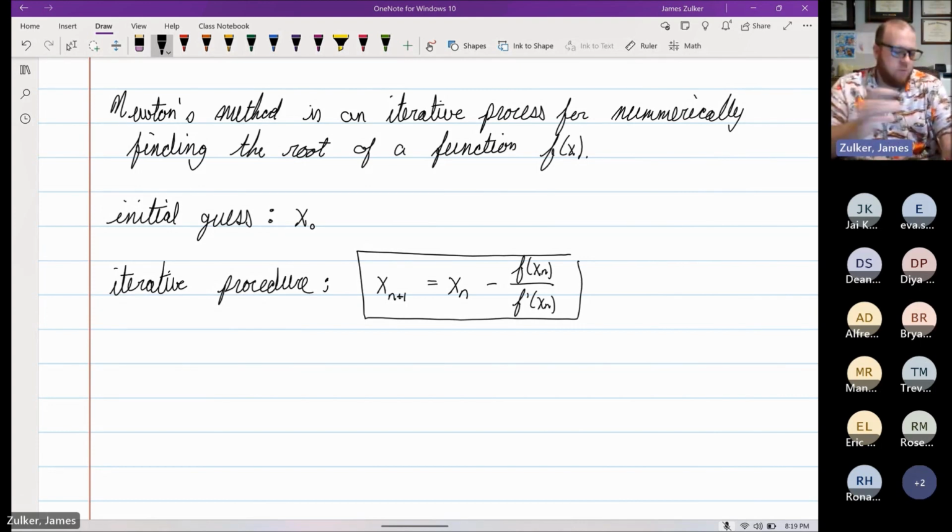Generally speaking, whenever we use a numerical technique, that means coding.